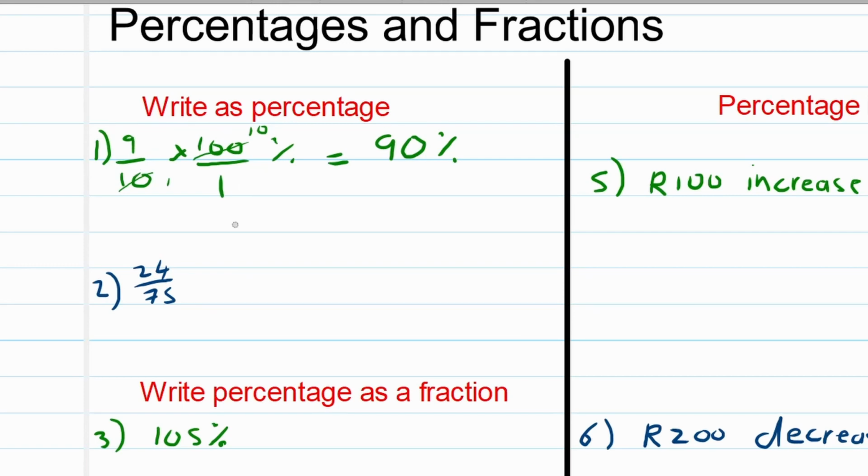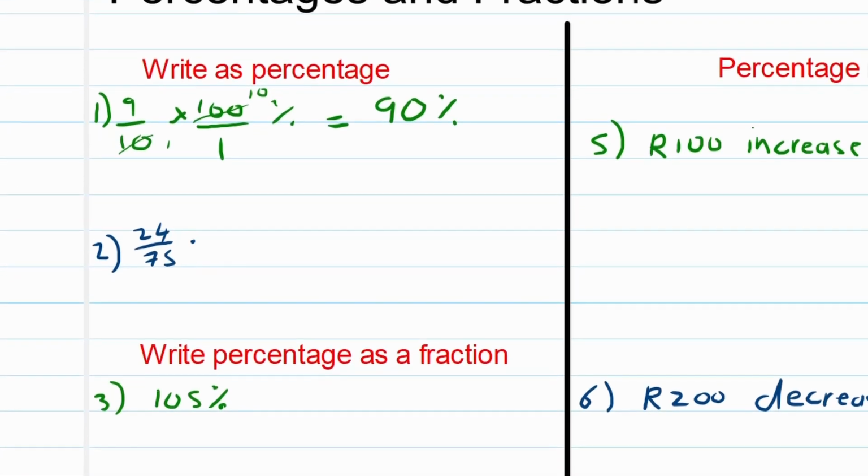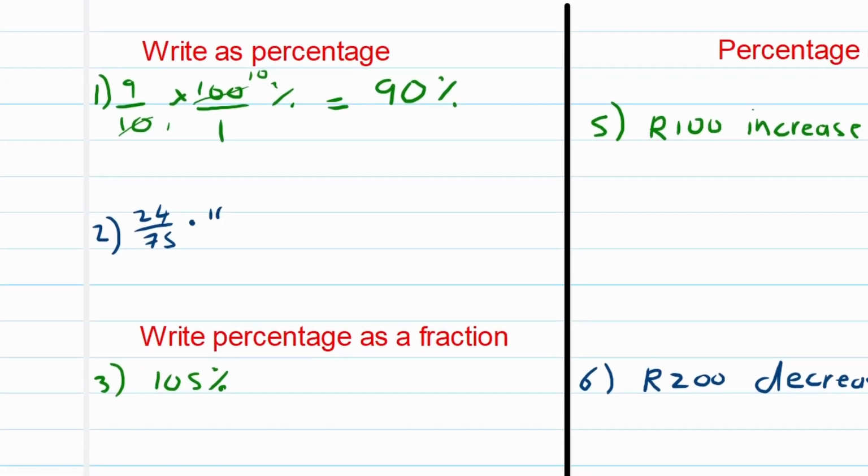Let's move over to a more difficult one, 24 over 75, and this is then multiplied by 100 over 1, and this is to take it to percentage. Are there any common factors? Yes. 25 goes into 75 3 times, into 100 4 times. So we currently then have 24 over 3 times 4 over 1.